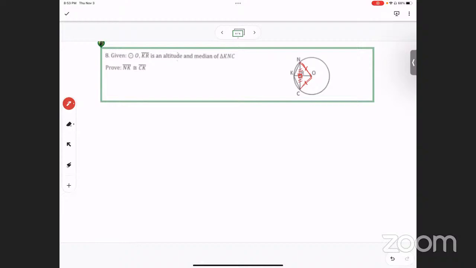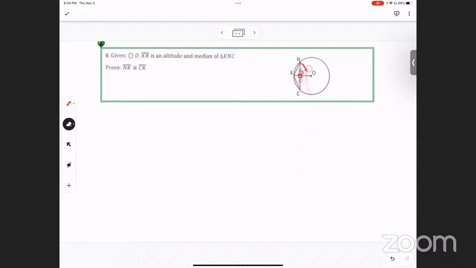So did you learn hypotenuse leg yet? That's the HL theorem, right? Yeah, have you learned that? Yeah, I think that's the topic that this one's from. Oh, perfect. So there's HL. HL will show you that these two triangles are congruent. Oh, actually, we don't even need that. I'm so sorry.